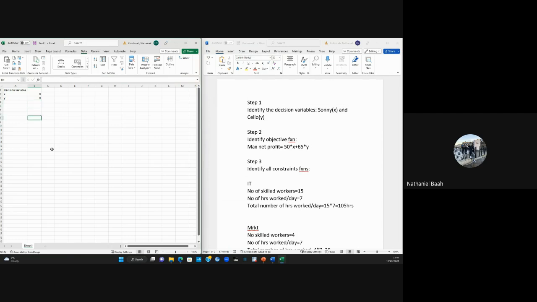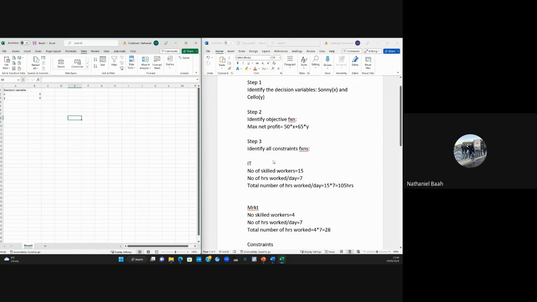What's the next thing for us to do? The next thing is to identify our objective function. So I'm going to put my objective function here, right? I'm going to name this cell my objective function. Enter. And our objective function was the maximum net profit.